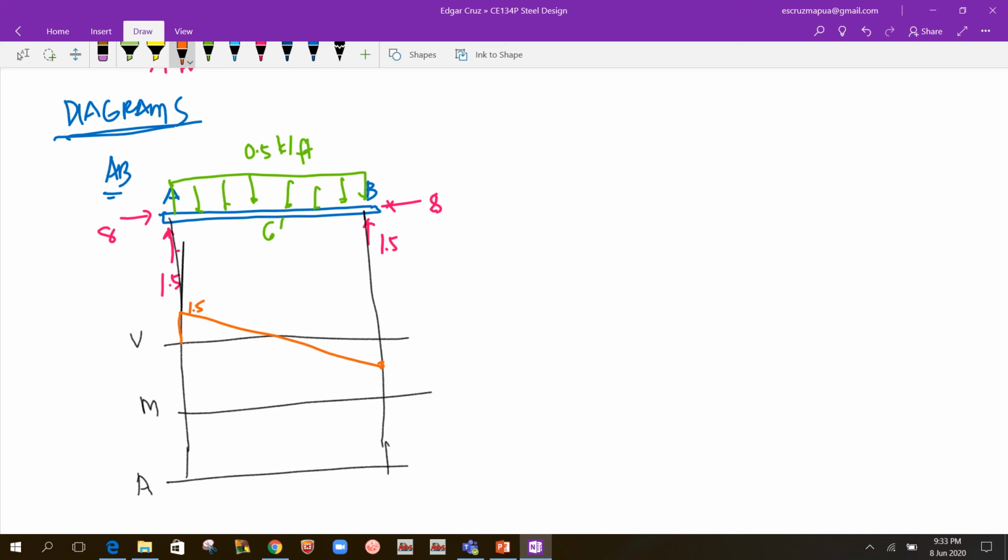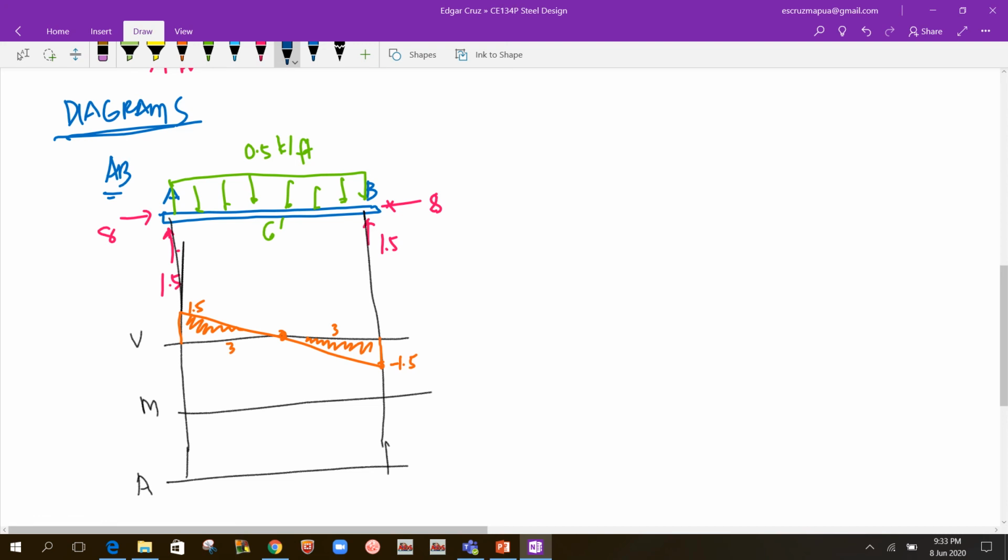Since both are 1.5, one positive and one negative, the point of intersection would be at half of 6, at 3 feet. Then you have 1.5 going up, so negative 1.5 plus 1.5 closes the diagram. It involves this triangle area over here, and a triangle area here.